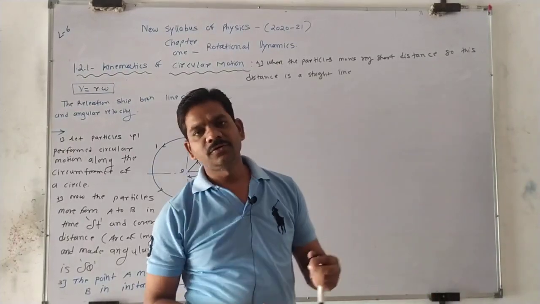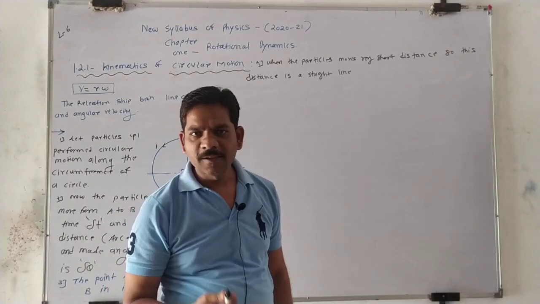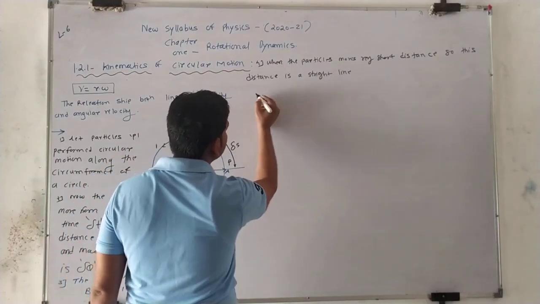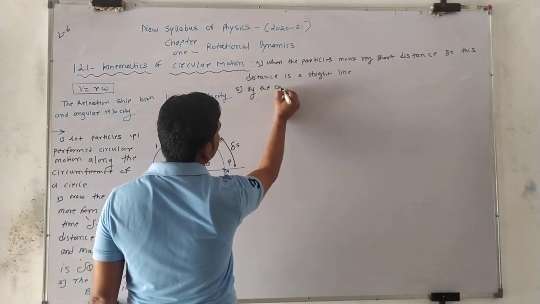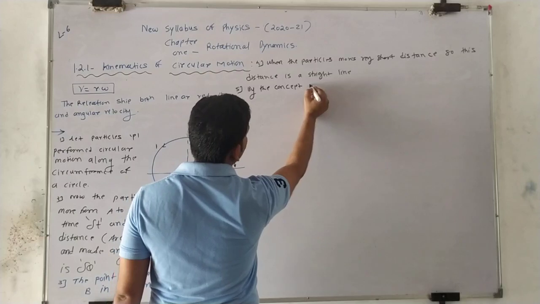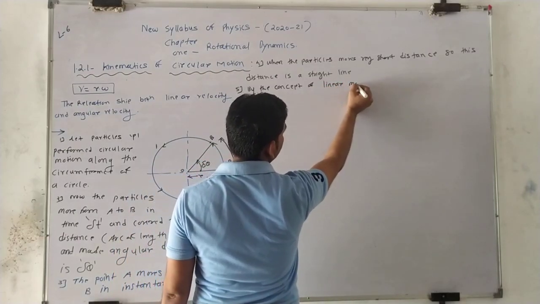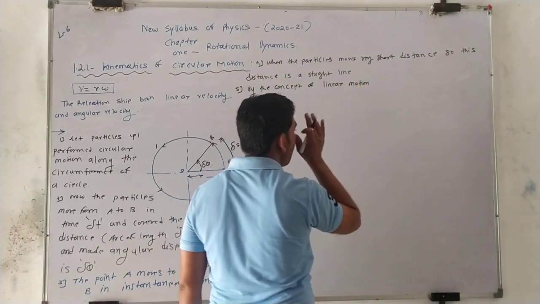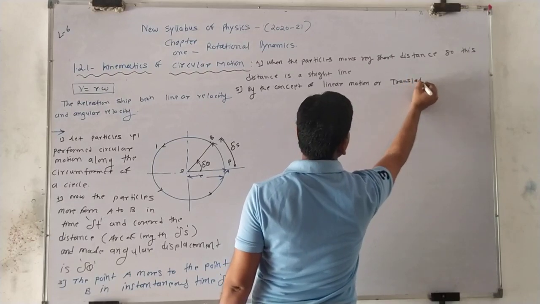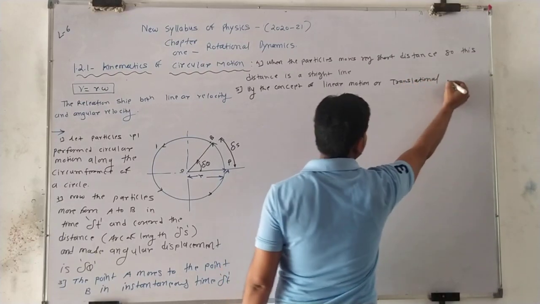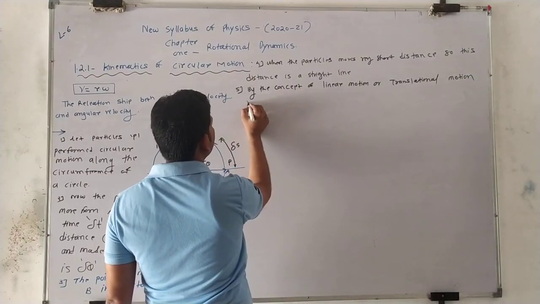So we know the definition of velocity. This is the discussion in translational motion or linear motion. By the concept of linear motion or translational motion, we know what v is.